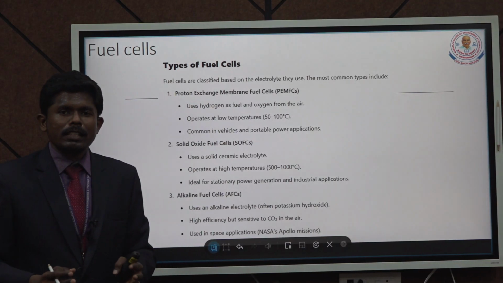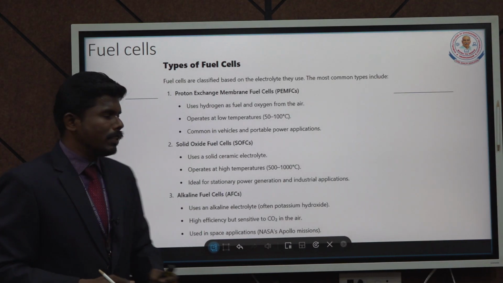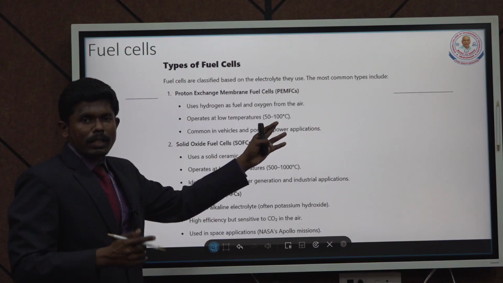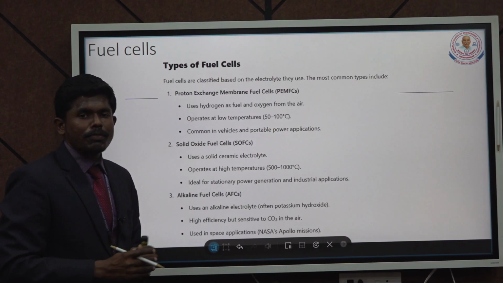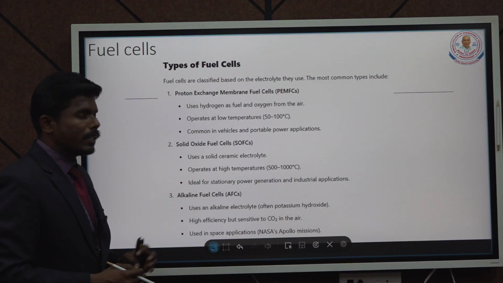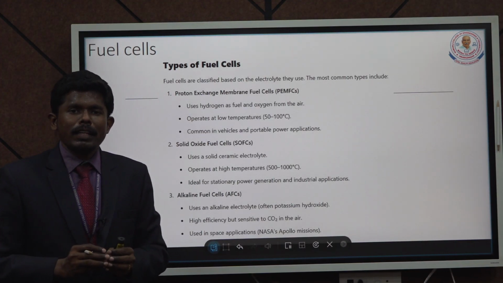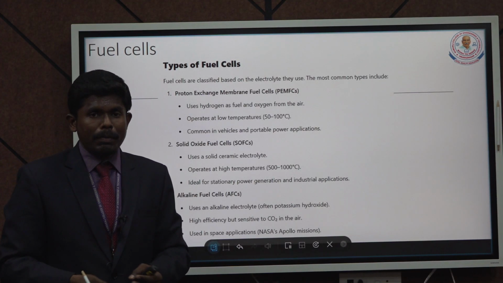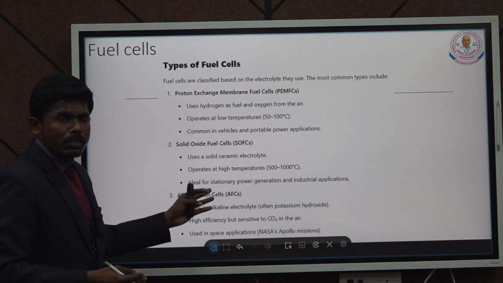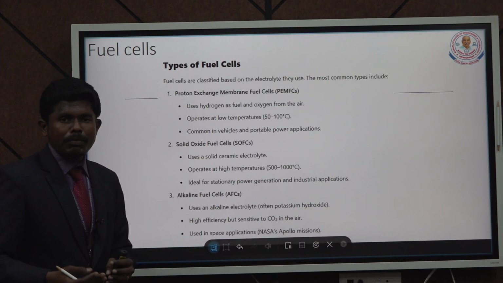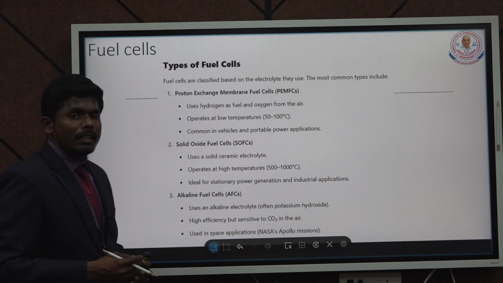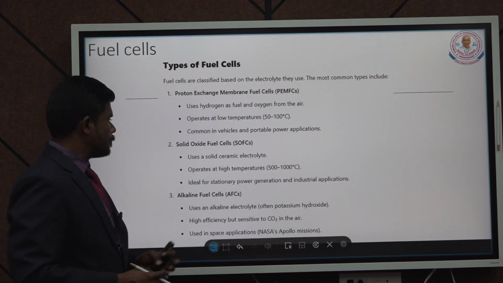In normal utilization, that means normal industries or domestic use, the temperature will never go more than that. So the proton exchange membrane is the feasible one. Another advantage is that the proton exchange membrane is available abundantly, and cost-wise, compared to the other types of fuel cells, it is very reasonable.